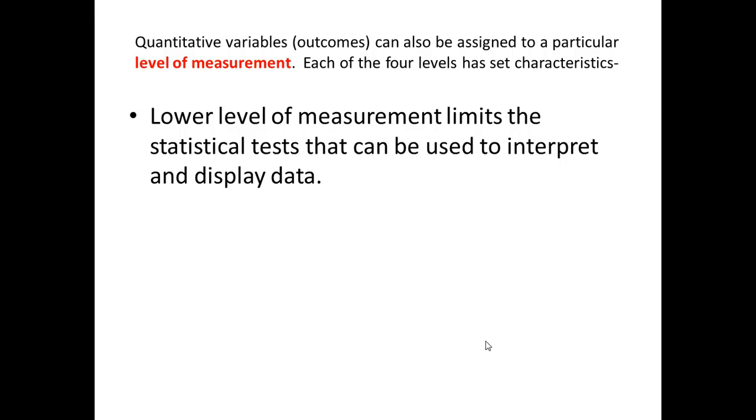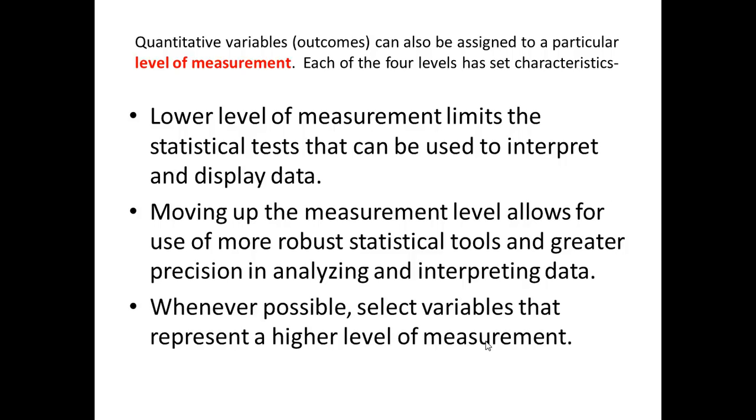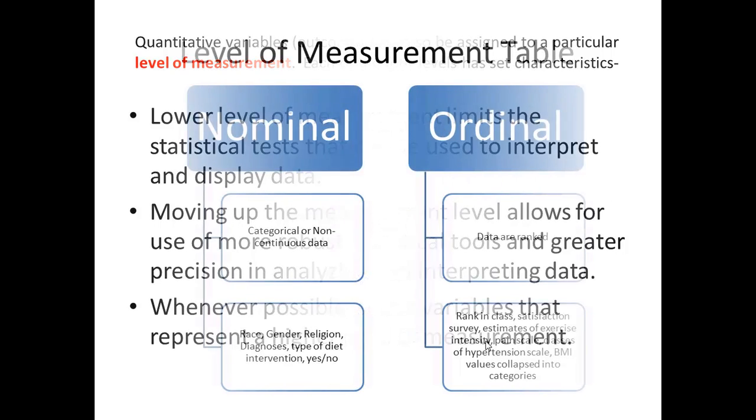A lower level of measurement limits the statistical tests that can be used to interpret and display data, as we just gave you an example. Moving up that level allows for more robust tests and greater precision in analyzing and interpreting our data. So whenever possible, select variables that represent a higher level.